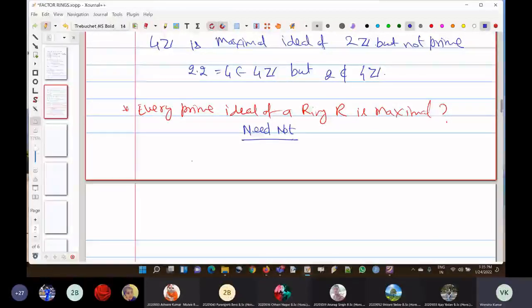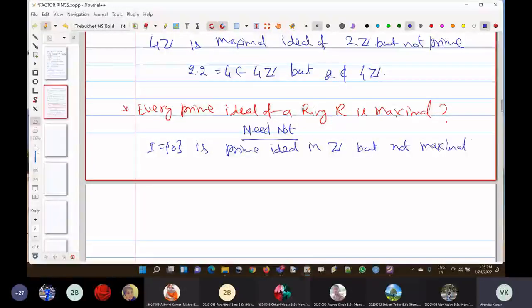You can take the example I equals to the singleton 0, which is a prime ideal in Z, but not maximal. You can get more examples also, and this is one of the simplest examples we have.